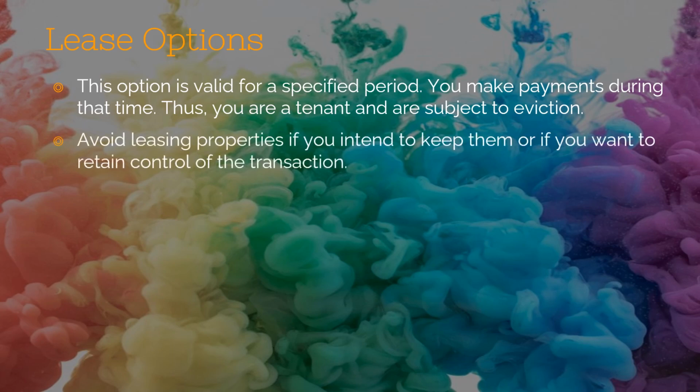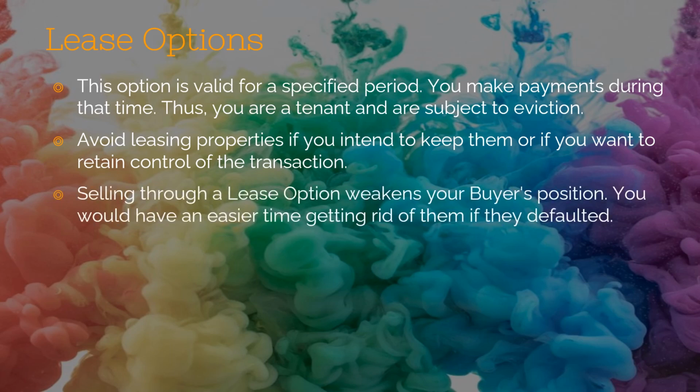Avoid lease options if you intend to keep the property or if you want to retain control of the transactions. Rather than that, use one of the more robust structures like transfer title. On the other hand, selling through lease option weakens your buyer's position. You would have an easier time getting rid of them if they defaulted.